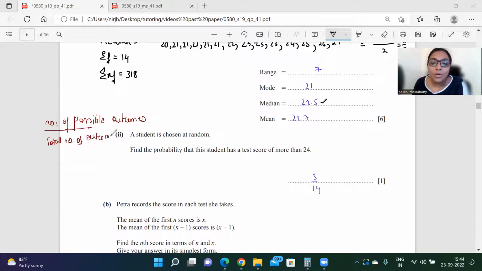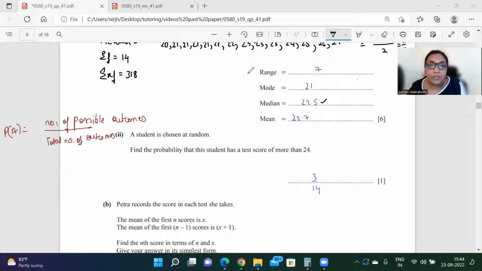That gives you the probability of any outcome which you have to find. In this case, the probability that a student has scored more than 24 has to be found. That means there are 3 people who have scored more than 24 out of the total number of people, which is 14. So the probability becomes 3 by 14.